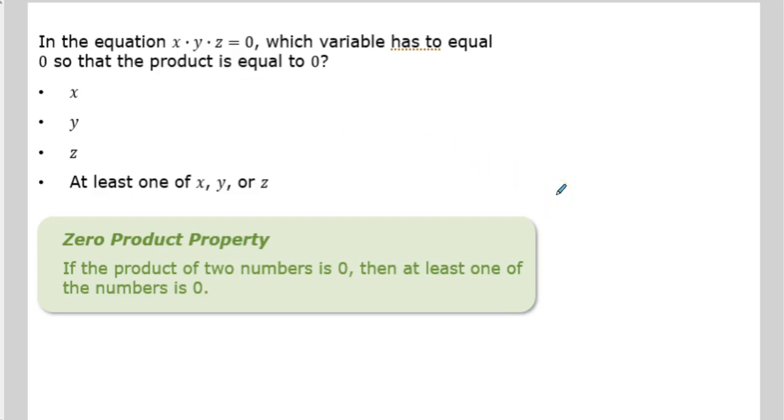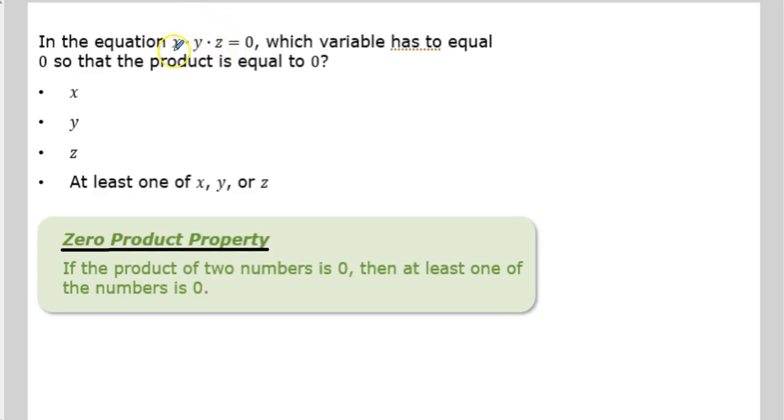Now, we use something called the zero product property when we're solving by factoring. All this means is, if I have two numbers multiplying together and the product is 0, then one of the numbers we're multiplying has to be 0.